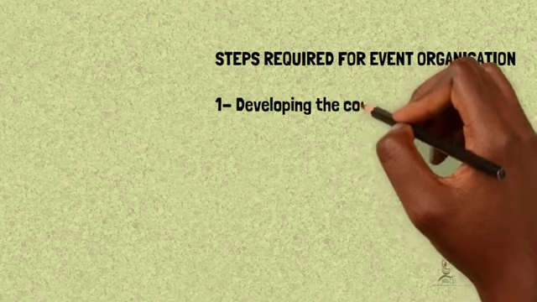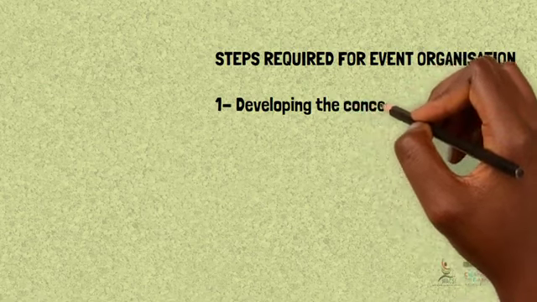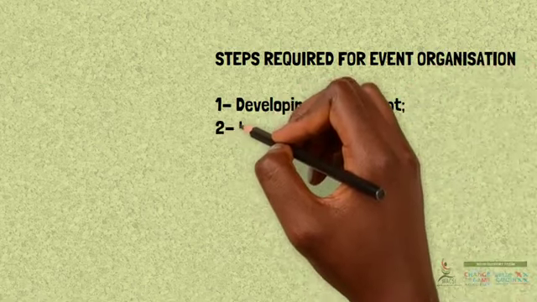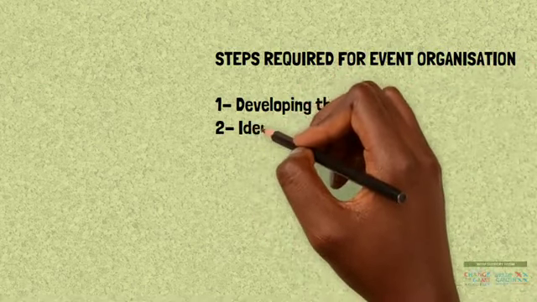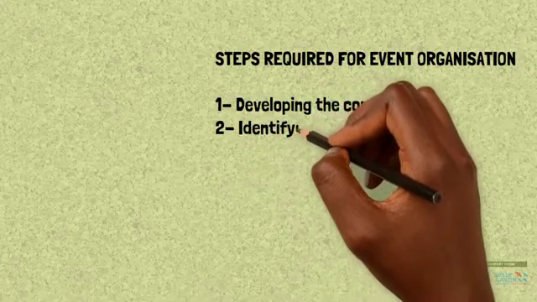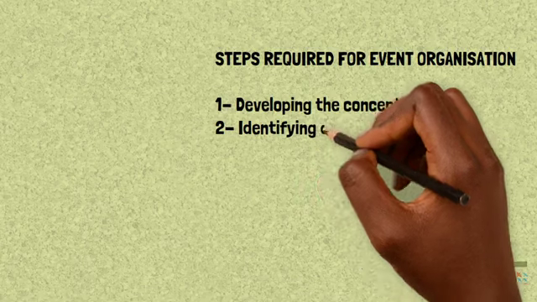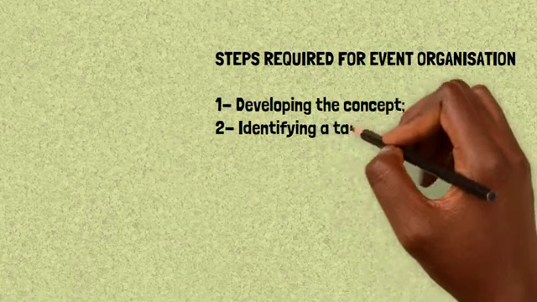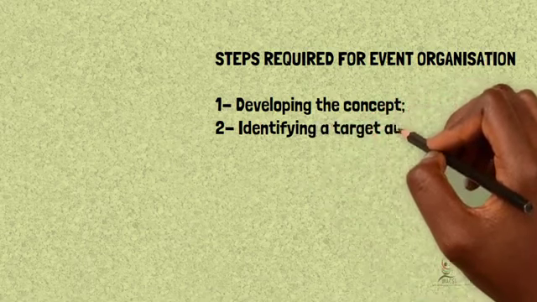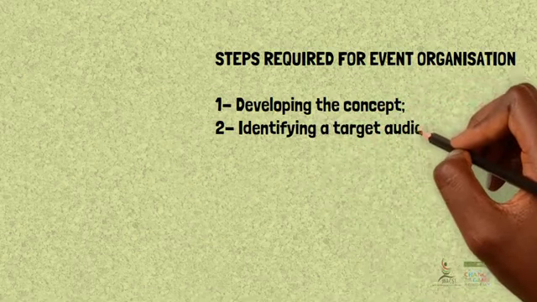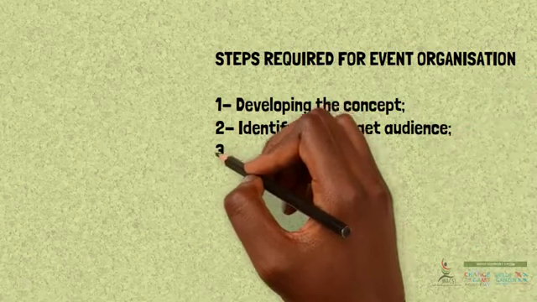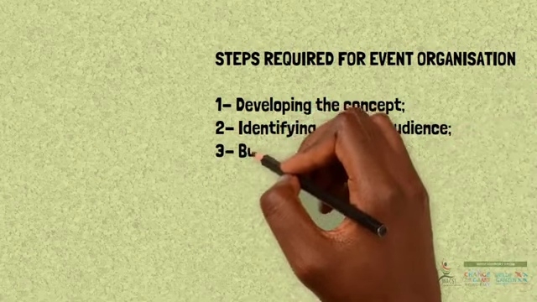Secondly, identify a target audience. Once your organization has been able to package that competence of organizing events, then you should identify those key stakeholders or those potential buyers of this product or this competence that your organization has.